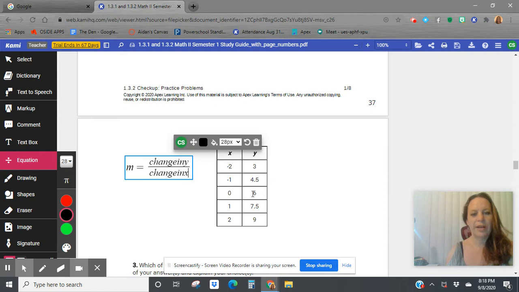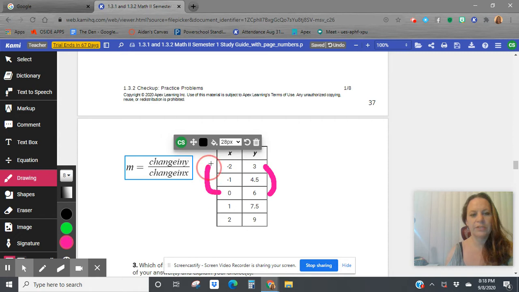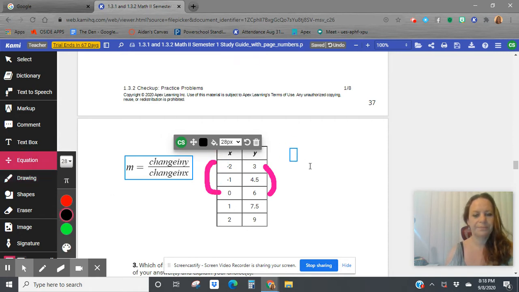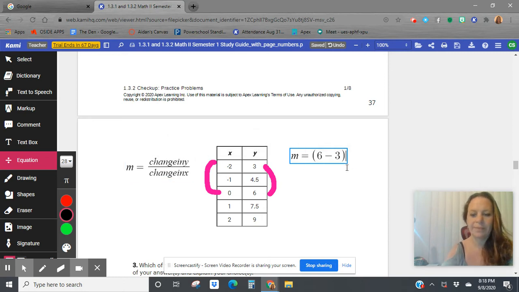So let's go and subtract two values. Now you can do something like 4.5 minus 3, but I like sticking to whole numbers. So I'm actually going to do 6 minus 3 over 0 minus negative 2 for mine. 6 minus 3 on the top, that's my y minus y, over 0 minus negative 2.